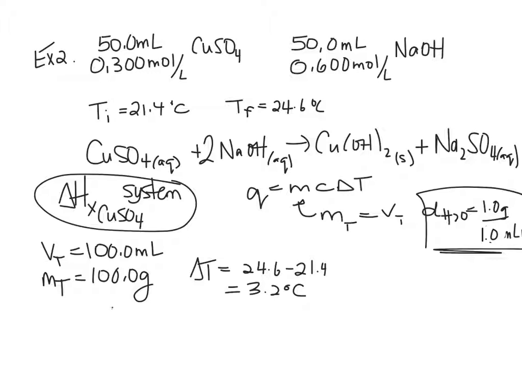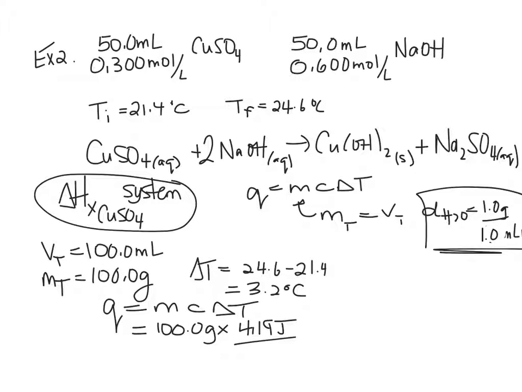So Q is MC delta T. We've got 100 grams, 4.19 joule per gram degree Celsius times 3.2.